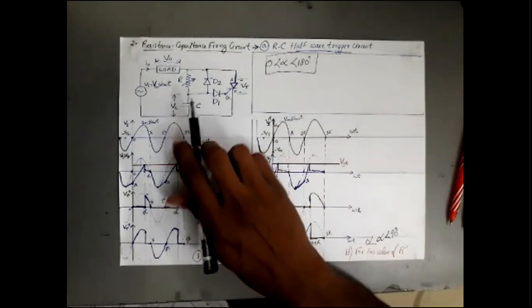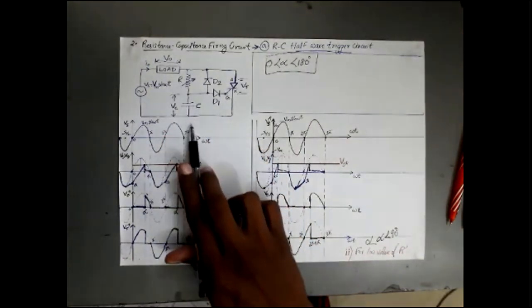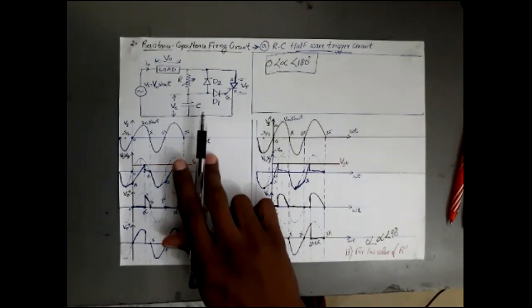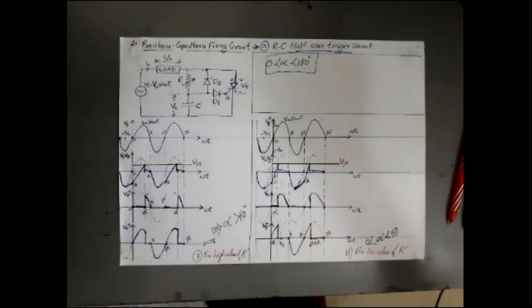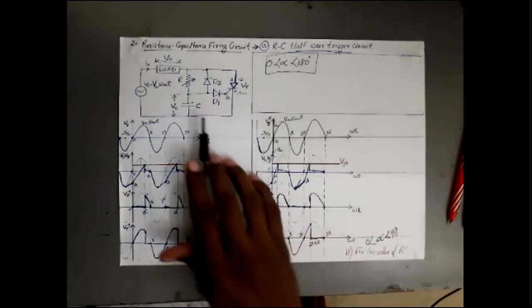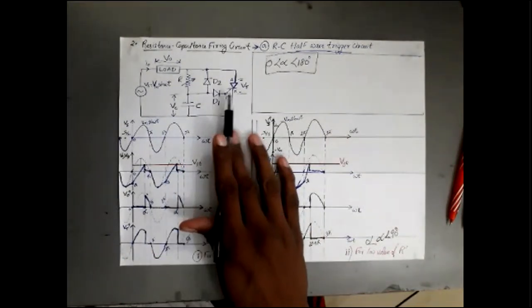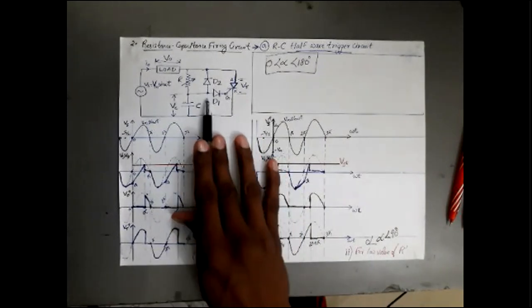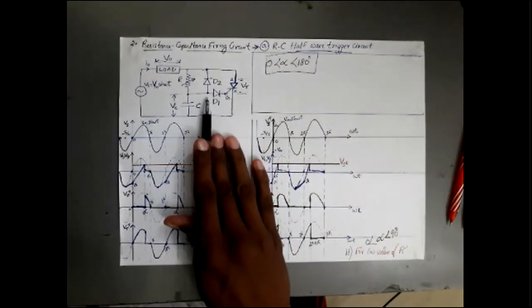We have a variable resistance R and we have a capacitance C. We need to find the value of resistance and capacitance, or the limit of the resistance and capacitance. So first let us find the limit of resistance R. For that we must understand a concept: just before my SCR is triggered, we consider D1 as an ideal switch, so no voltage drop will appear across my D1.